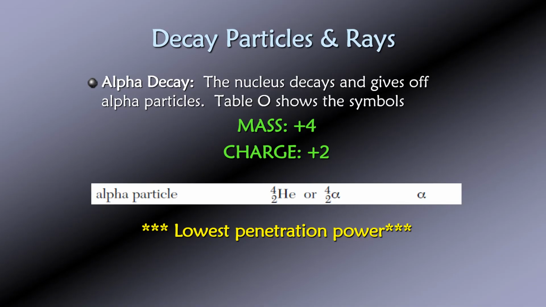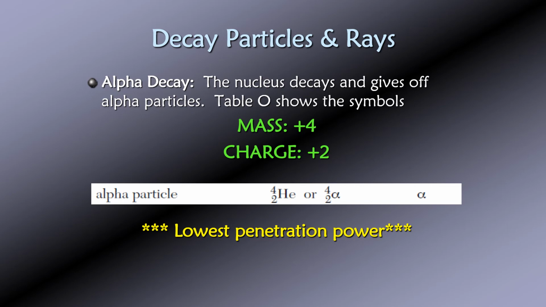So if you look at all of those particles one by one, first of all, you have the alpha decay. Alpha decay has a mass of 4 and a charge of 2, just like a helium atom, which is why an alpha particle can either be represented by that small a, or by He, which is the symbol for helium.